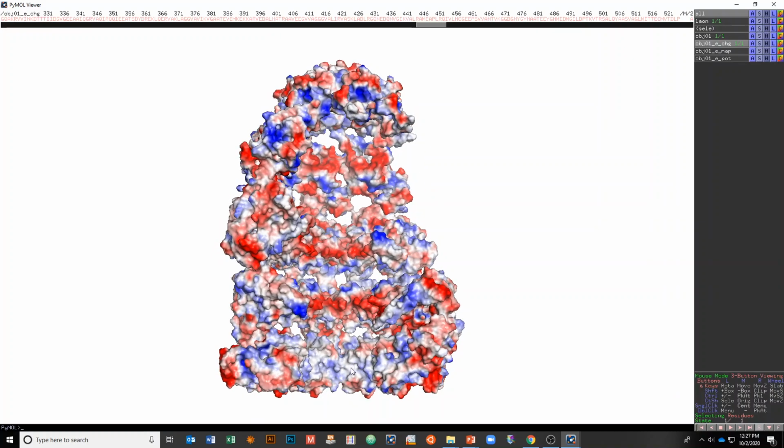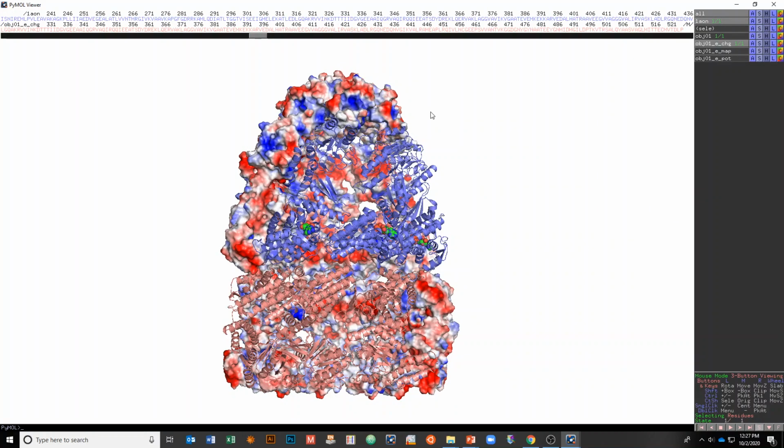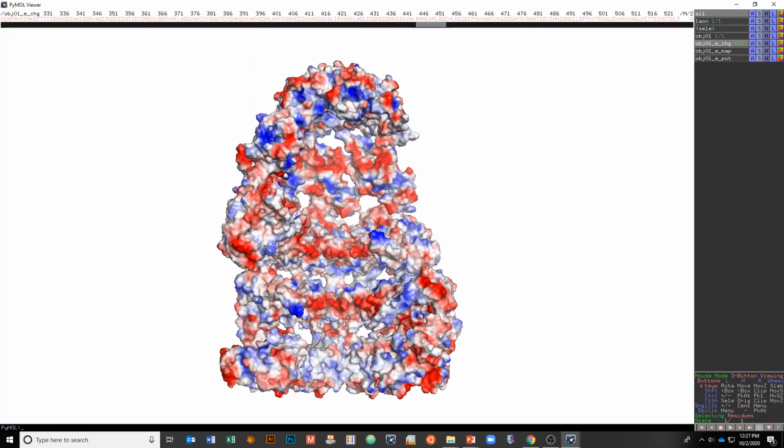This is hydrophobic nonpolar surface. So in that trans ring where GROES, the cap, is not interacting, remember we have the GROES cap on the other end, for the trans GROEL ring where the cap is not interacting, there is a lot of nonpolar surface. There's a lot of hydrophobic surface that is solvent exposed.